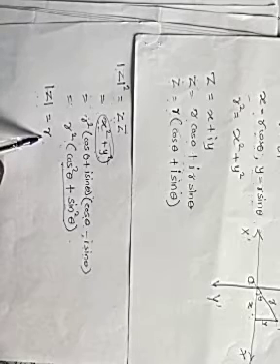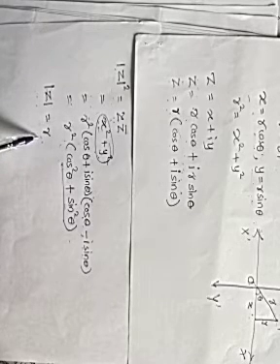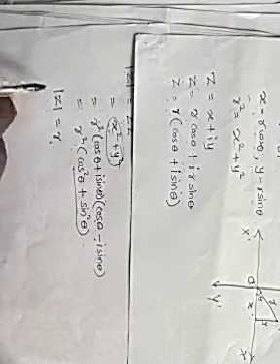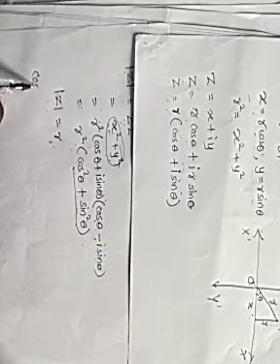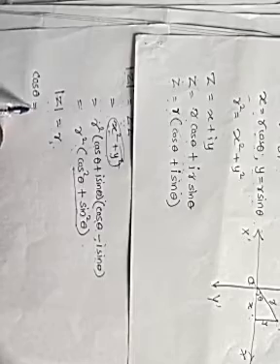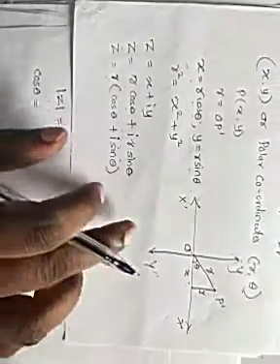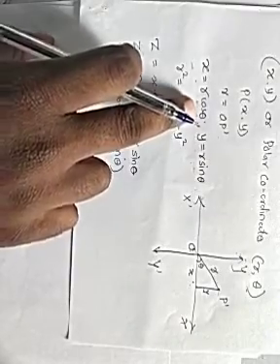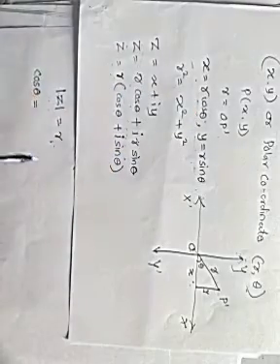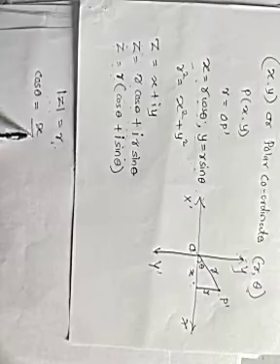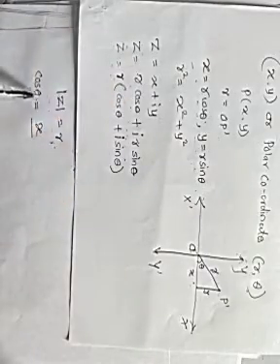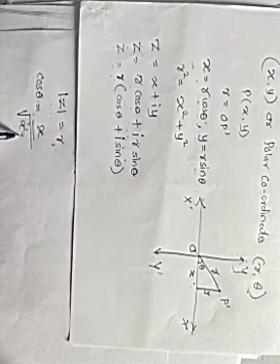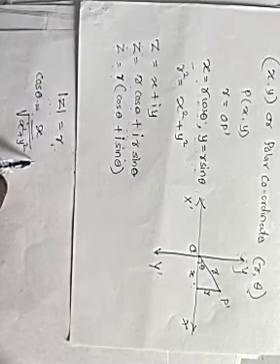So this r is the modulus of complex number z, and using this Argand diagram we can write cos theta equal to x upon square root of x square plus y square.